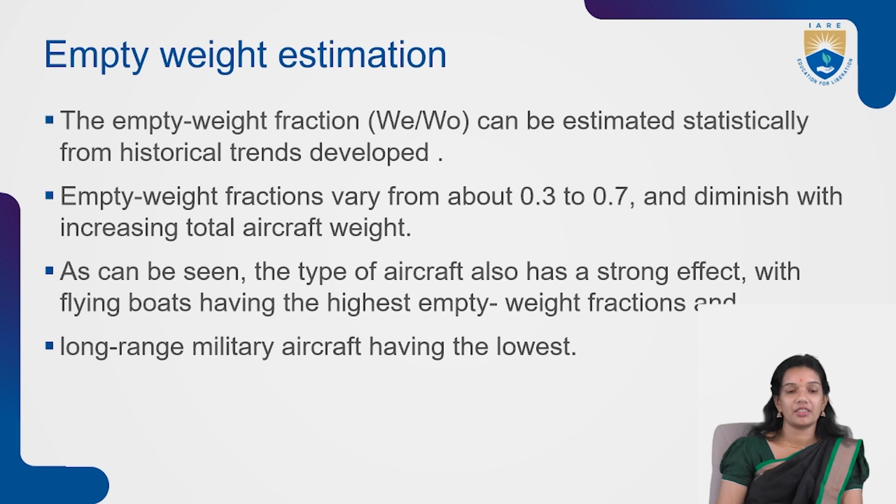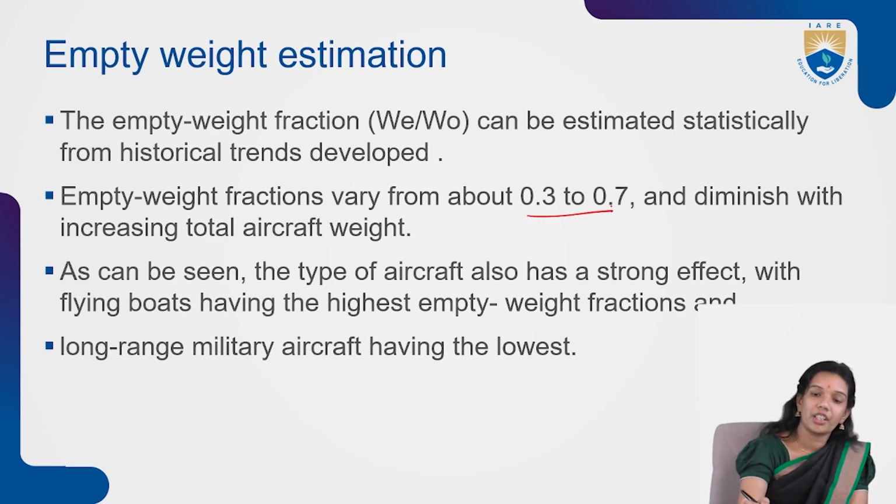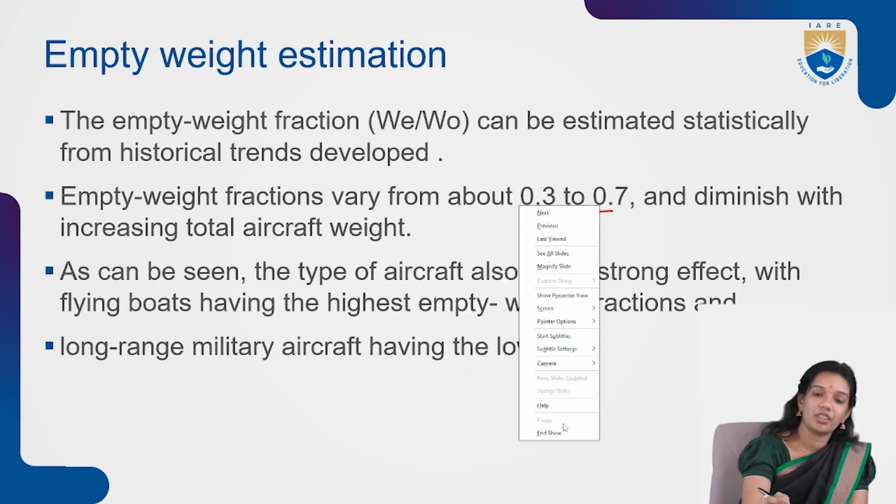We will be seeing it in the next class. For that, a different type of aircraft trend is being shown here, trend with respect to the weight, with respect to its WE by W naught fraction. A set of values has been given, and that would vary from about 0.3 to 0.7, something like this.